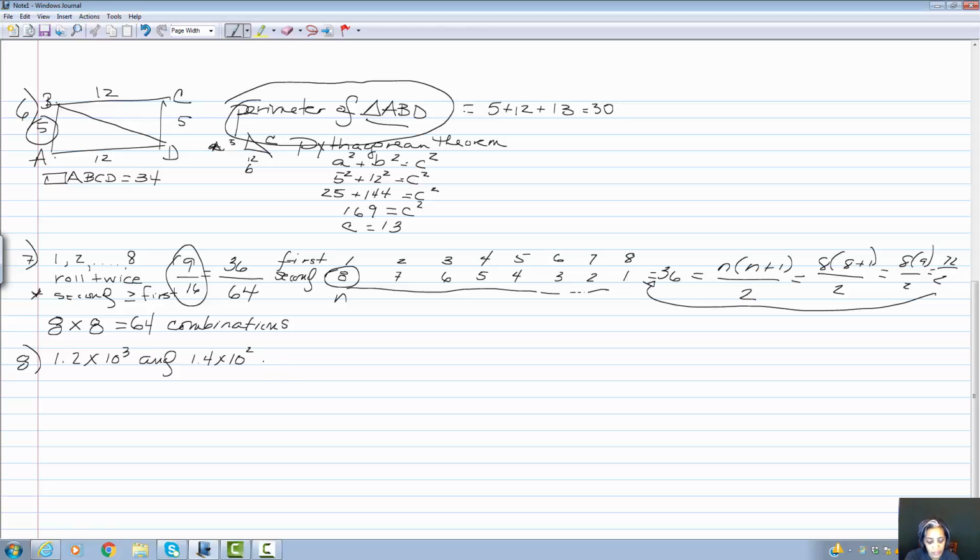And we're going to express the number in 2 significant figures. So a simple way to do this is, because we're multiplying these together, because that's this product, right? Yeah, we want the product. So we can just say that this is 1.2 times 1.4 times 10 to the third times 10 squared.